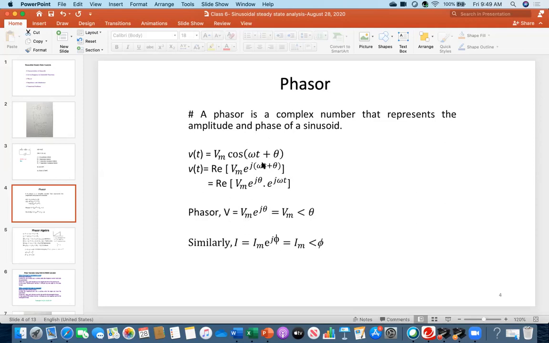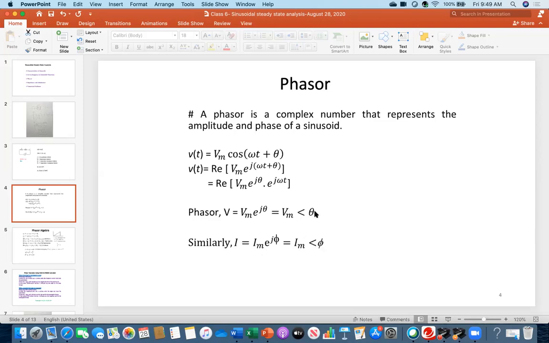Therefore, when solving a problem, whatever the voltage or current expression is, you will look at this one and take the peak Vm and e to the power j theta, whatever theta, or simply write Vm angle theta. Similarly, in the case of current, that phase angle could be different, for example I m e to the power j phi, I m angle phi.